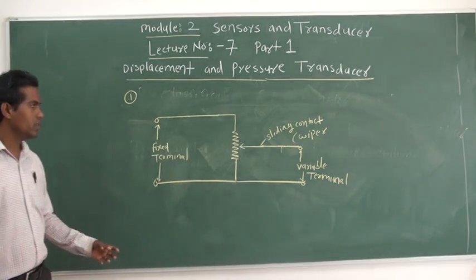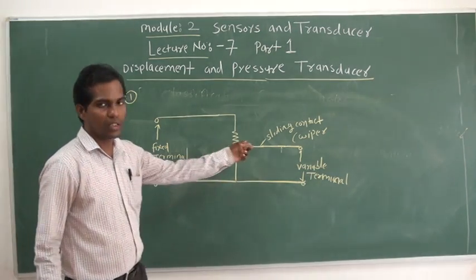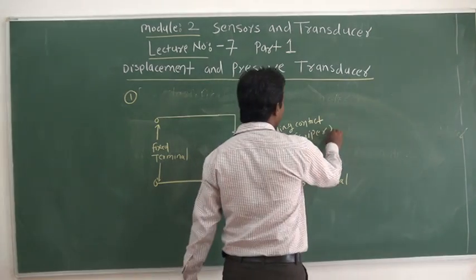So the potentiometer consists of two terminals and one sliding contact. The sliding contact is basically called a wiper.